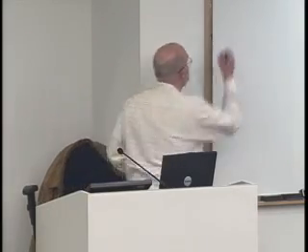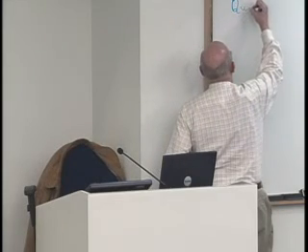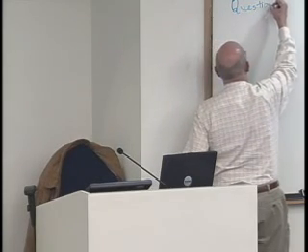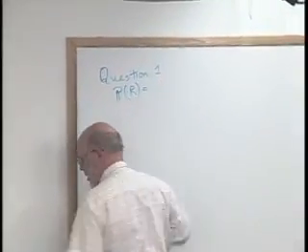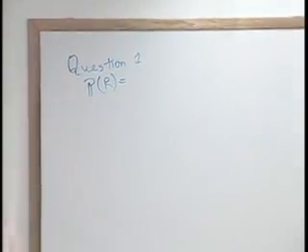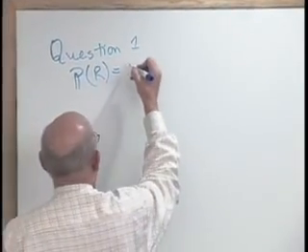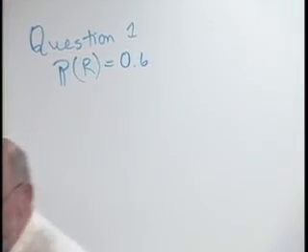So the first one looks to me like an inclusion-exclusion question, because we have three events: a red card, so this is question 1, which I'll call R, and the probability of getting a red card is given as 0.6.